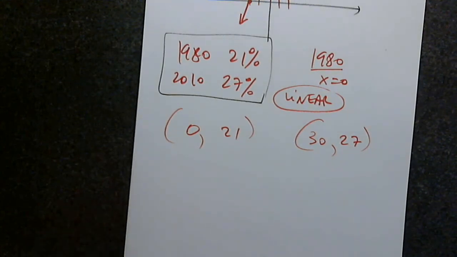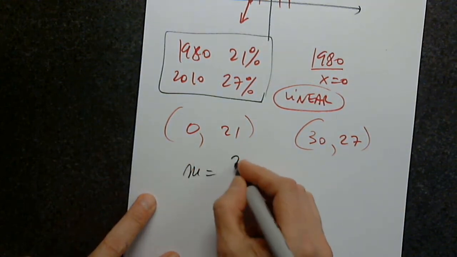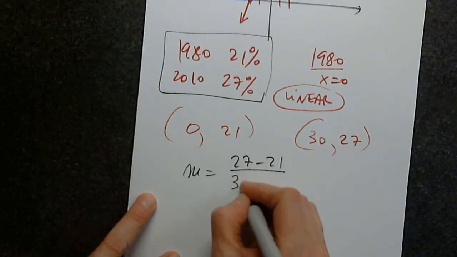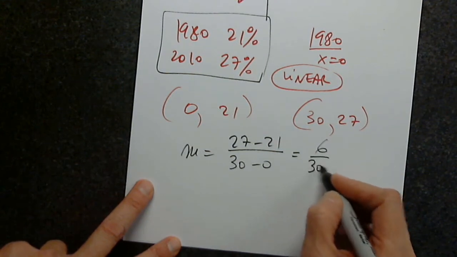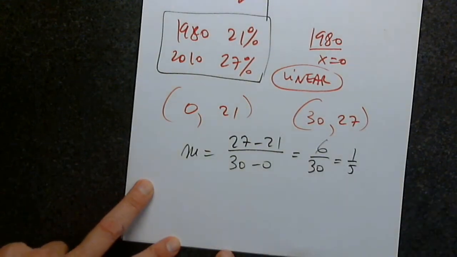What do I have to determine first in order to find the model? Exactly. So m equals 27 minus 21 over 30 minus 0. 6 divided by 30 or 1/5. Measurement unit.